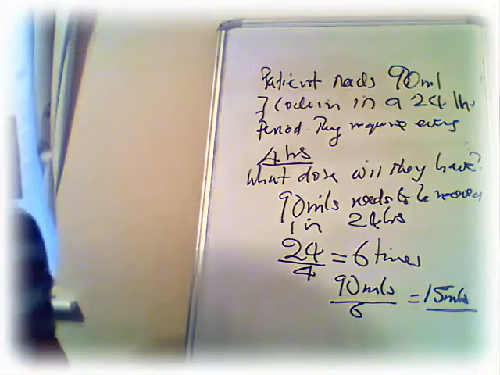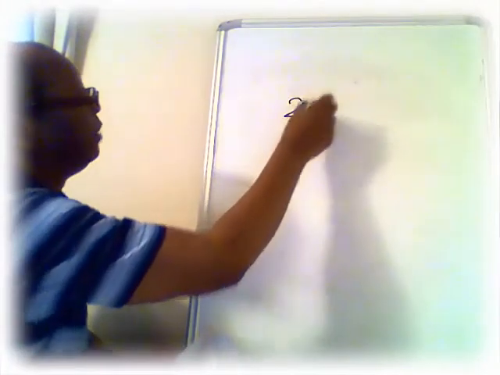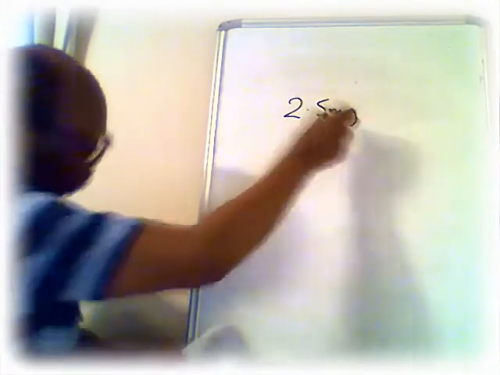Okay. Right. Let's try the next one. It says a patient is prescribed oral morphine 2.5 milligrams. This is oral morphine when it's necessary to relieve breathlessness.